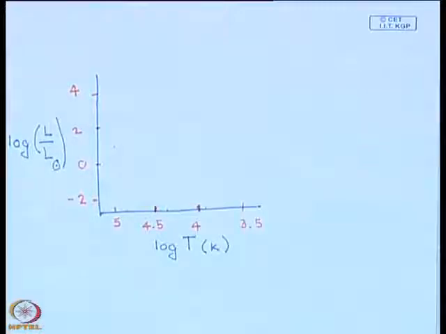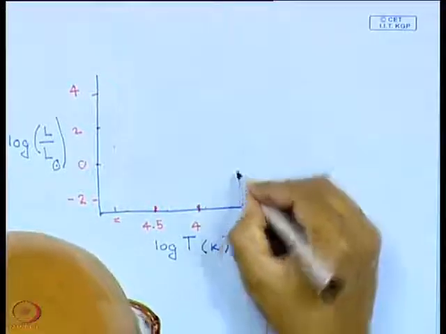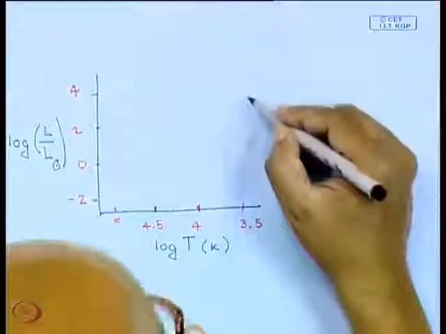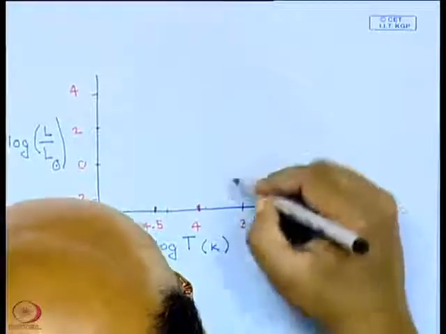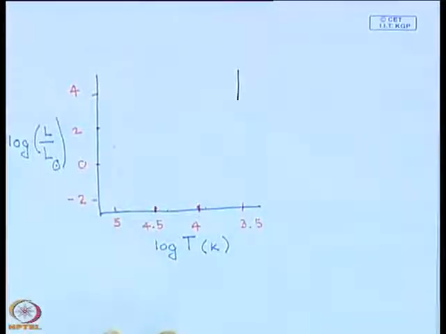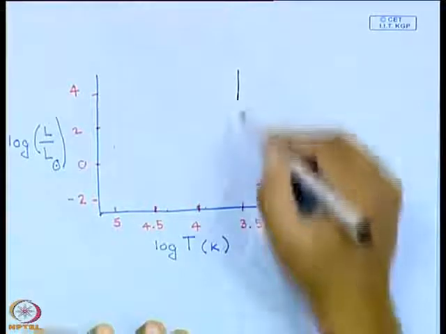Okay, so on the Hayashi track, the temperature remains constant at a value around 4500, which corresponds to 3.6 in this log scale. Okay, so a Hayashi track will look something like this. The luminosity will keep on decreasing, the temperature will not change.